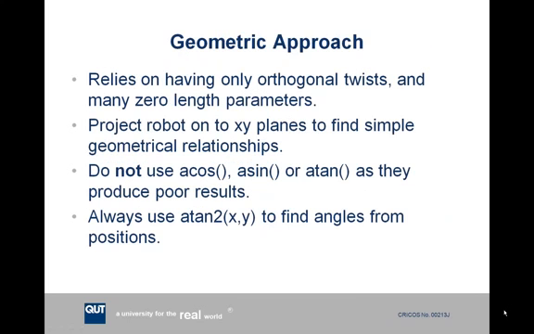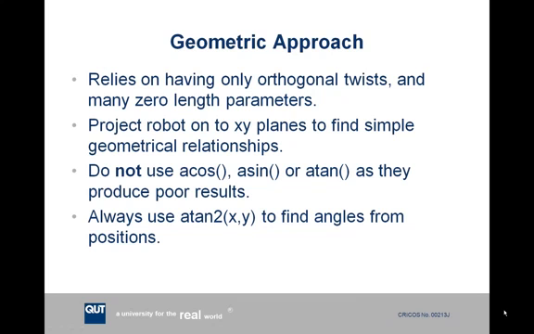So this geometric approach has a few assumptions that we rely on to make it feasible. We rely on only having orthogonal twists, and also hopefully many zero-length parameters to make the math a bit easier. The general approach is that we project the parts of the robot we're analyzing onto planes in order to find simple geometrical relationships in terms of angles and so forth.